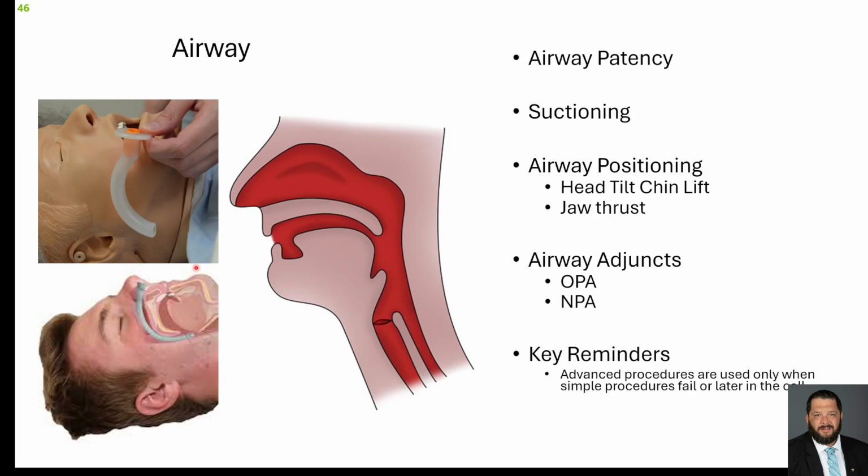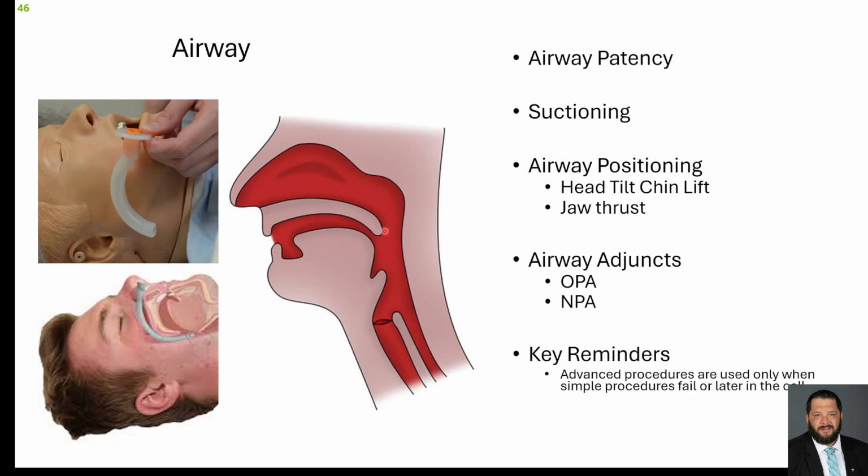Or if the patient has a completely occluded airway, meaning completely obstructed, you may hear no sound. That can be a foreign body airway obstruction, or it could be a pathological process. But we will stop our primary survey to intervene if there is an obstructed airway.